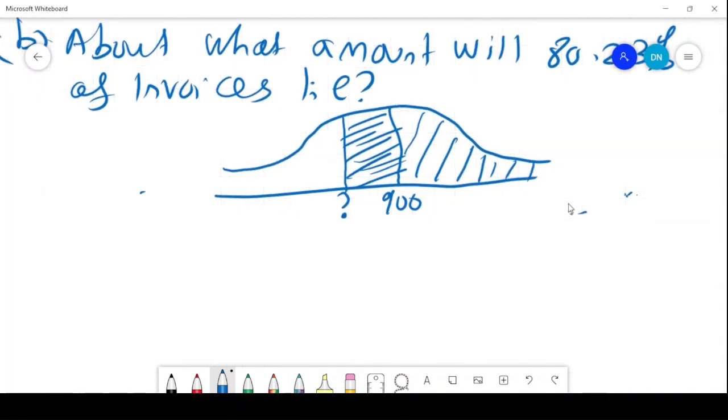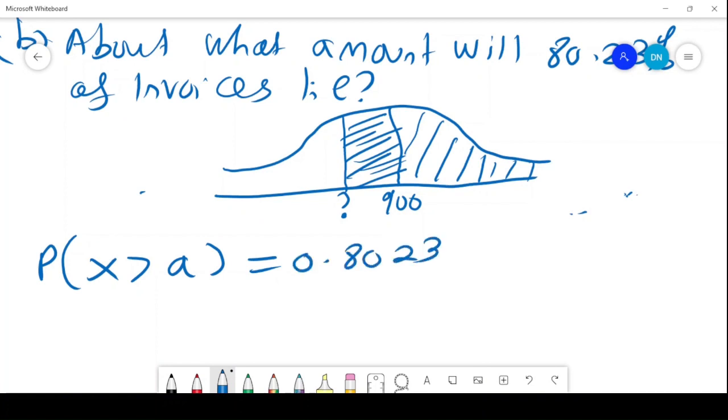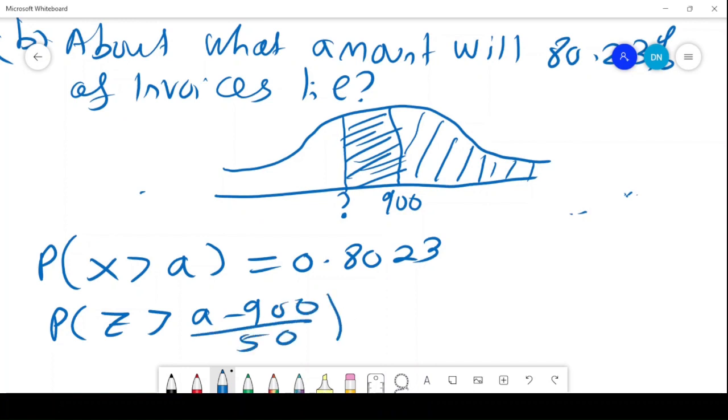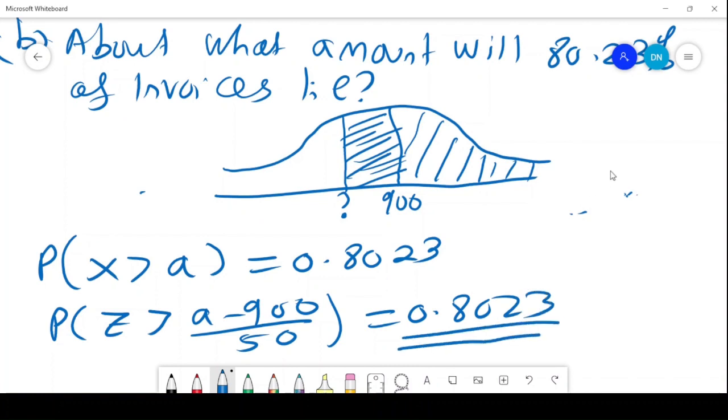So we want to find probability that x greater than a certain amount a should be equals to 0.8023. So if I transform this, it will be probability of z is greater than a minus 900 all over 50 is equals to 0.8023. Now, we go to the statistical table and read in the value of z.